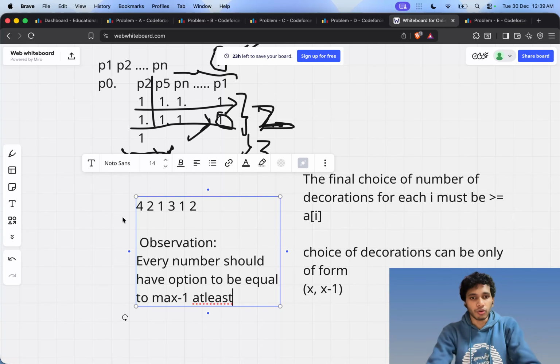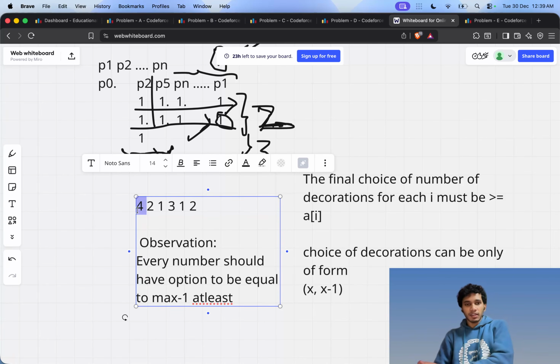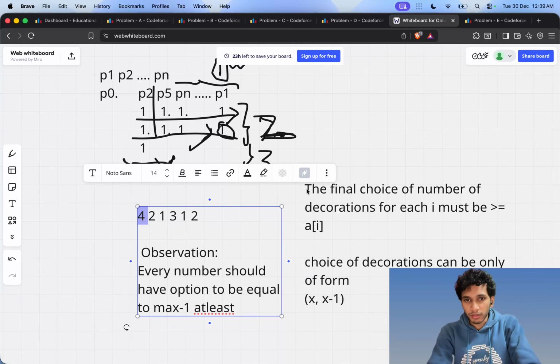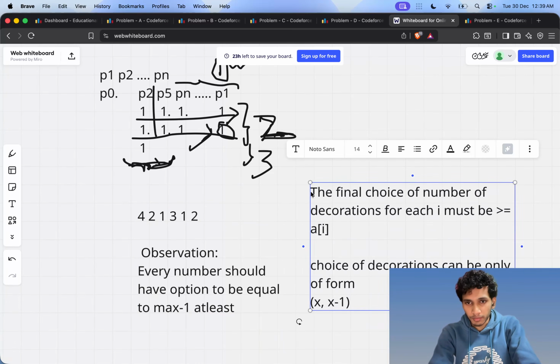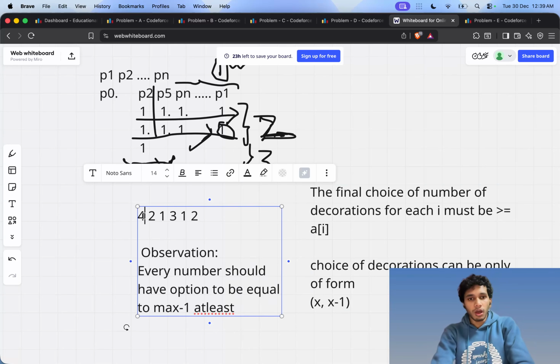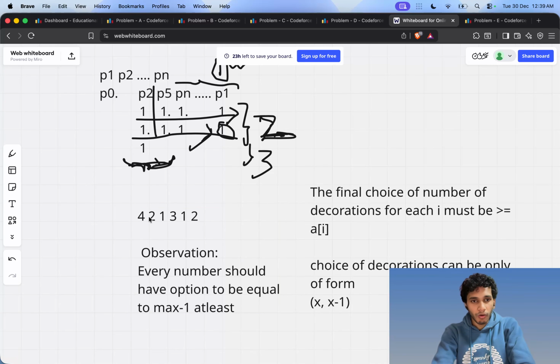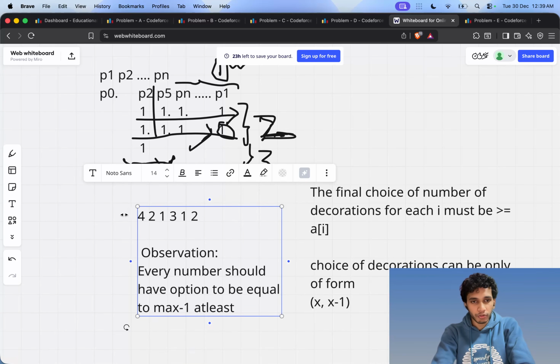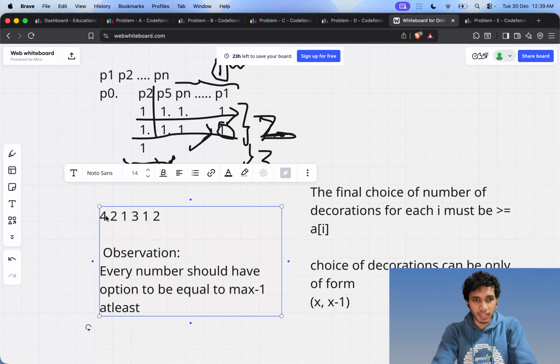Okay, so this is max, that is 4. The person with 4 decorations can have only 4 or greater than or equal to 4 decorations chosen at the end, because that is the very first conclusion. So due to the second conclusion, we come to a final observation that all numbers apart from 4 should have value at least 3.